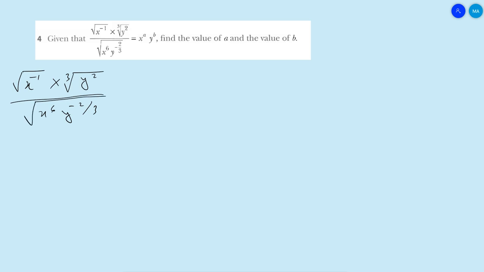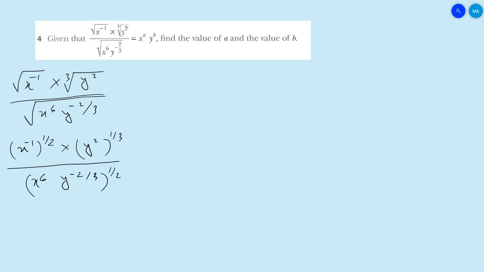x minus 1 can be written as x minus 1 square root, which means 1 upon 2. y square cube root means 1 upon 3. Upon x6 y minus 2 upon 3 square root means 1 upon 2. x power to the power is multiply: minus 1 into 1 upon 2 is minus 1 upon 2. y power to the power is multiply: 2 into 1 upon 3 is 2 upon 3.